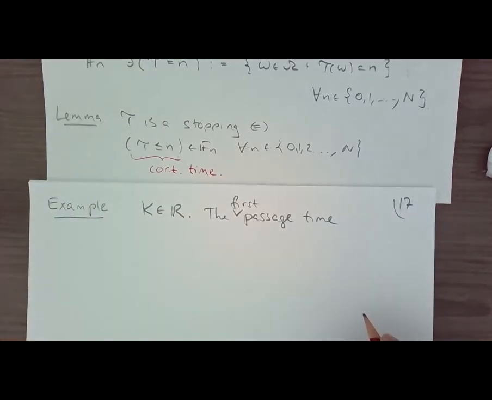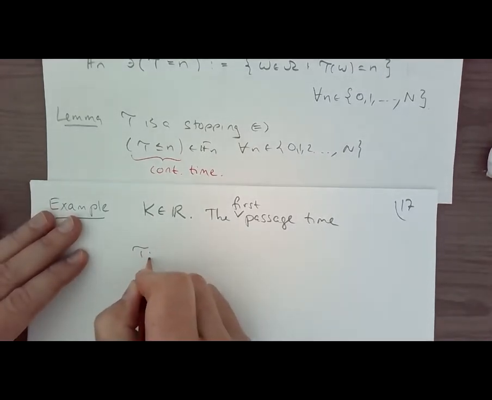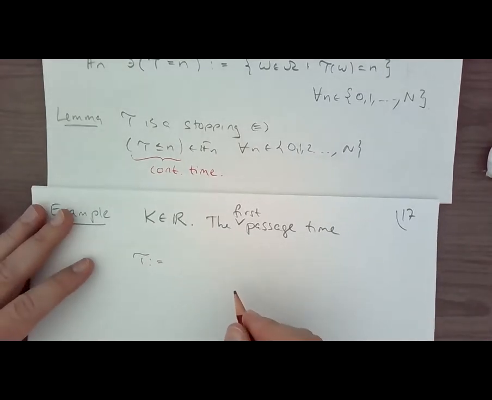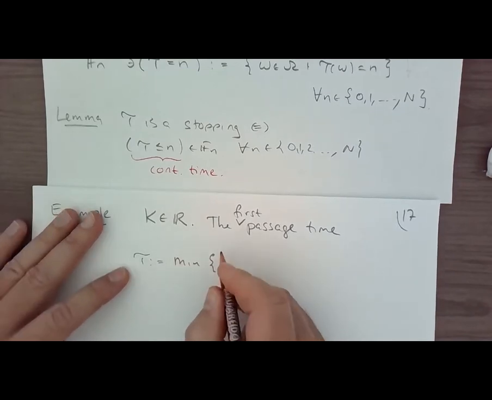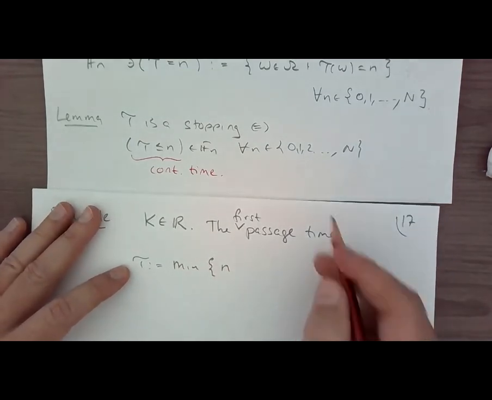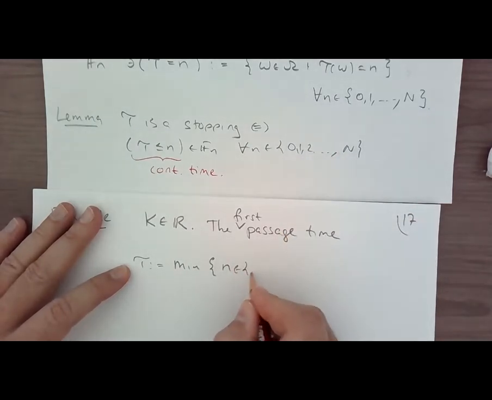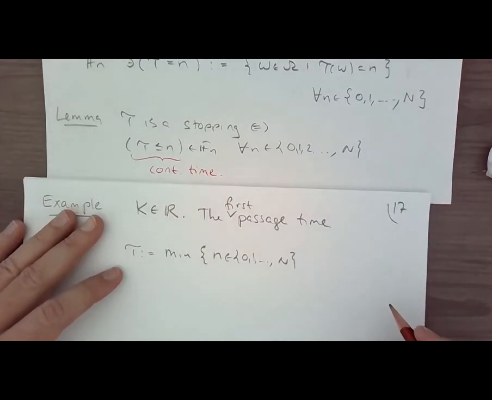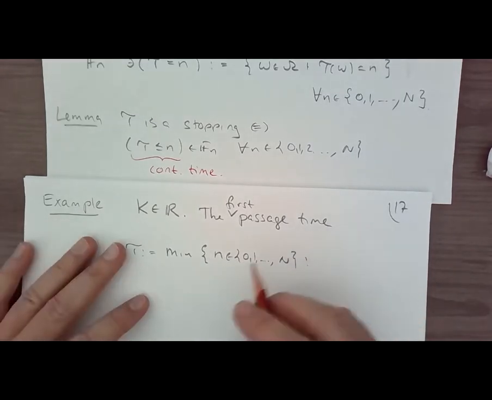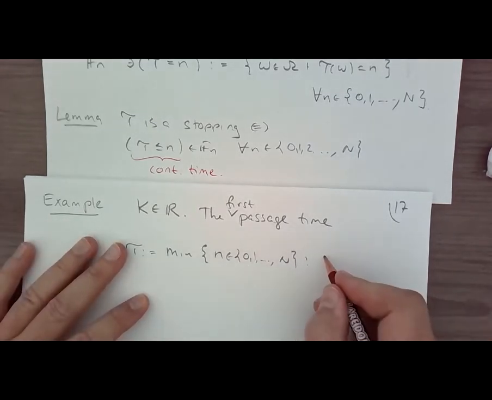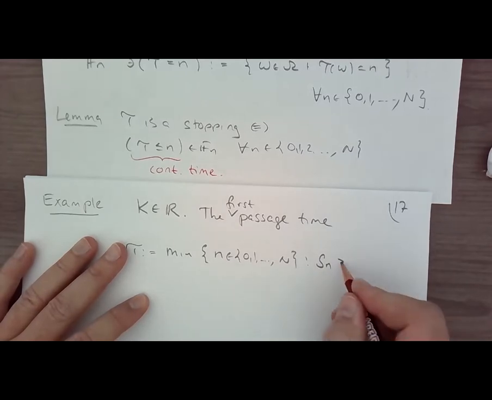The first passage time is the first time that a stochastic process, say the stock, gets to be above k.